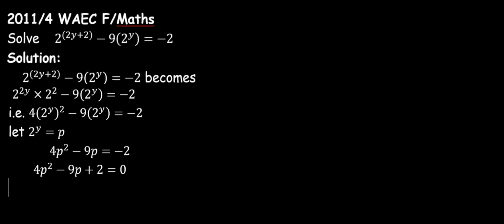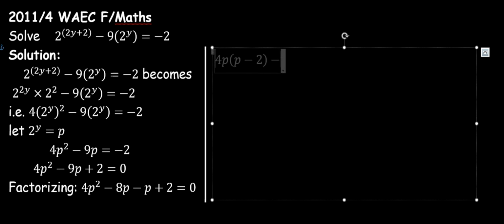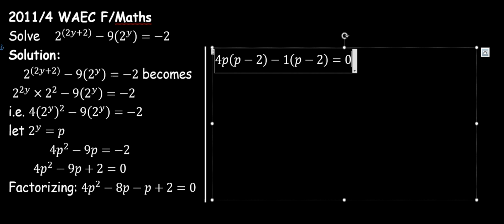Next, factorizing, we now have 4p squared minus 8p minus p plus 2 equals 0. Now we can factor out 4p, and we now have 4p into bracket p minus 2, bracket close, minus 1, bracket open, p minus 2, bracket close.